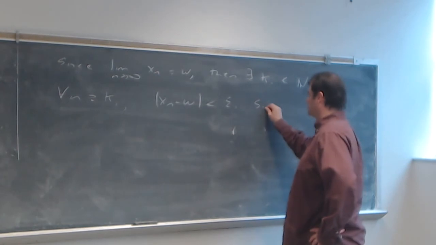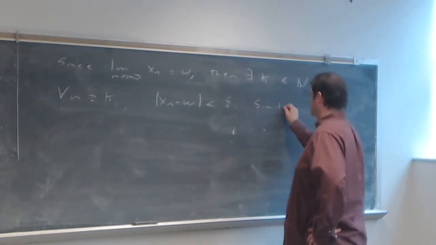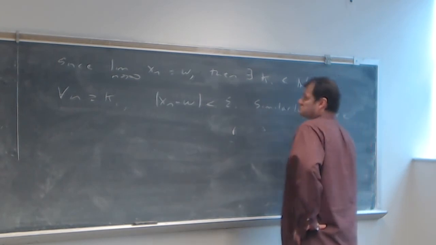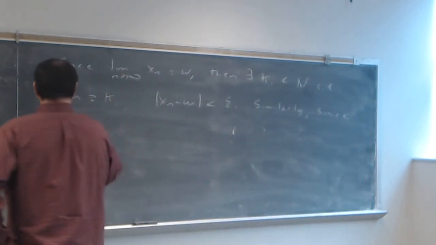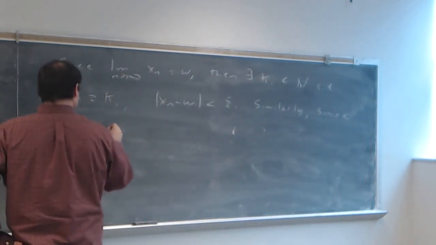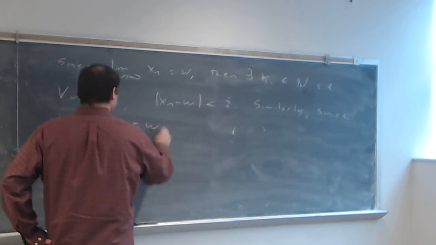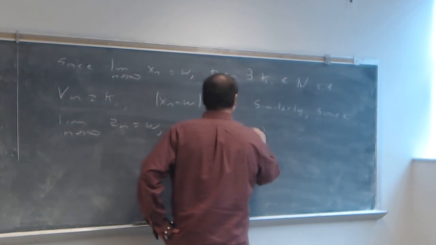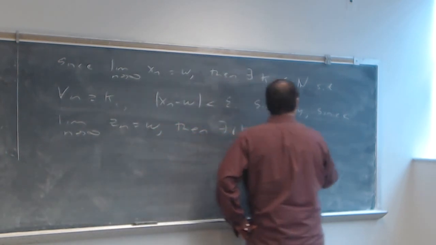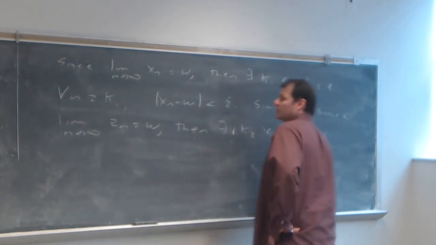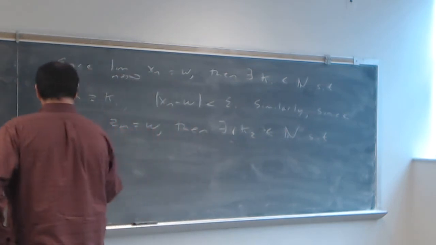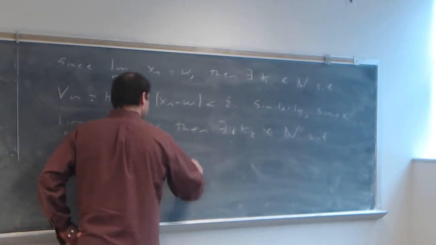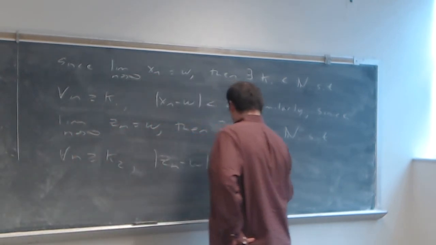Similarly, since the limit as n goes to infinity of z sub n equals w, then there exists a k sub 2 an element of the natural numbers such that for all n greater than or equal to k sub 2, the absolute value of z sub n minus w will be less than epsilon.